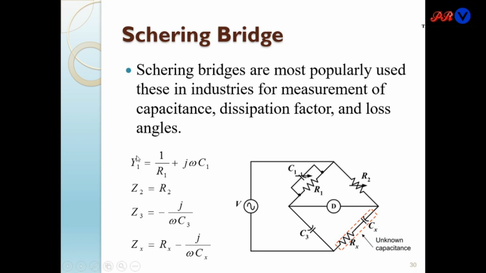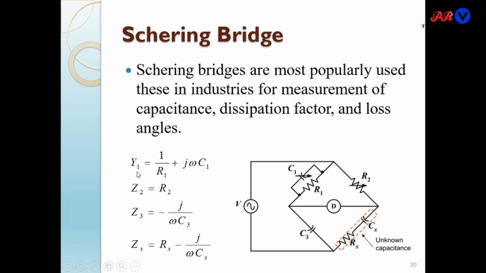So here Y1, what is Y1? Y1 is the admittance, which is the inverse of the impedance. So the admittance of R1 is 1 by R1, and the admittance of the C1 capacitor is j omega C1.